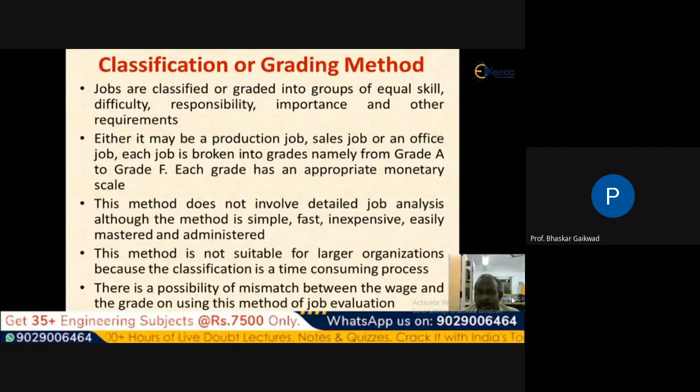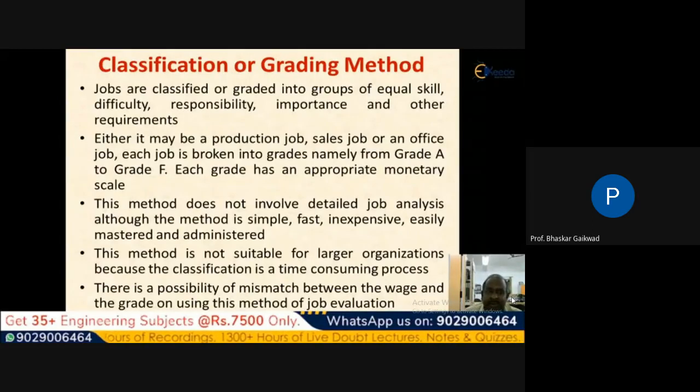There is a borderline between grade A and grade B. Say grade A is going to get a monthly salary of 50,000 rupees and grade B is going to get 40,000 rupees. Again, 10,000 is a very big amount. So a thin borderline drawn between grade A and grade B creates a mismatch between the wage and the grade.